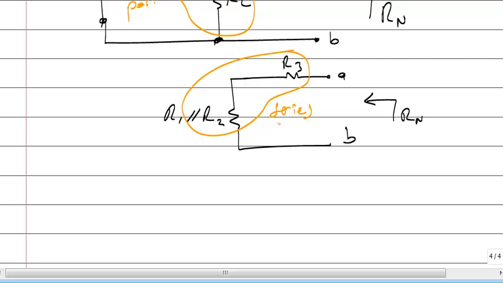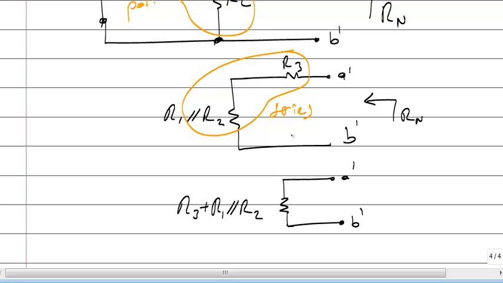They are in series. So let me redraw my circuit. Total resistance is the summation, which is equal to R3 plus R1 parallel R2. These points are A prime, B prime.